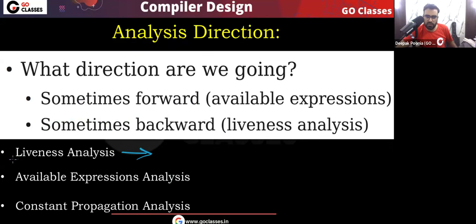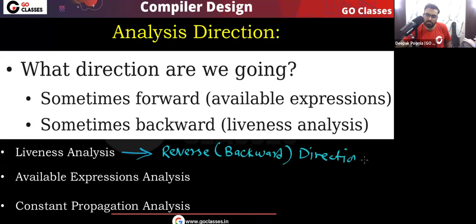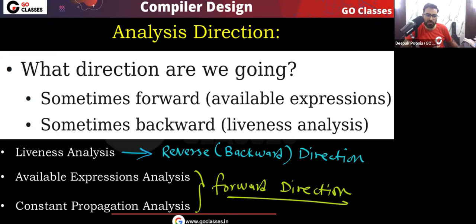For example, liveness analysis is done in the backward direction, or I can say opposite or reverse direction. And available expression and constant propagation analysis are done in the forward direction.